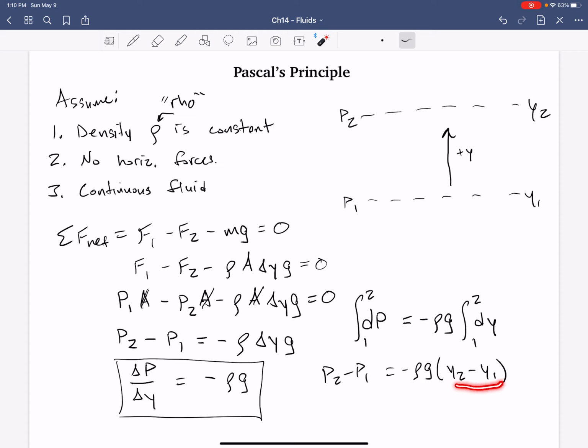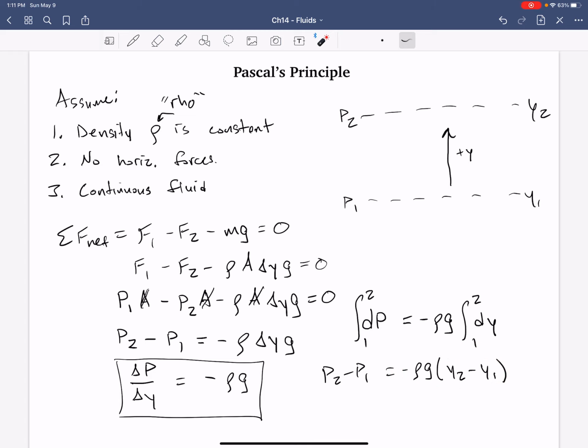Well, y2 minus y1 should be a positive value, right? The value for y2 is greater than y1. Think of y1 being the ground at height 0, say, okay? So if you go up, y2 will be larger. That means this right side of the equation overall will be negative.